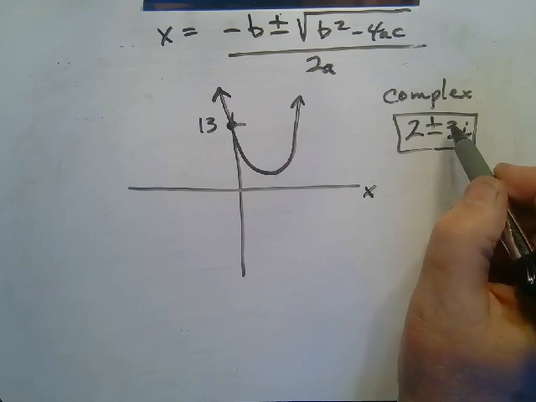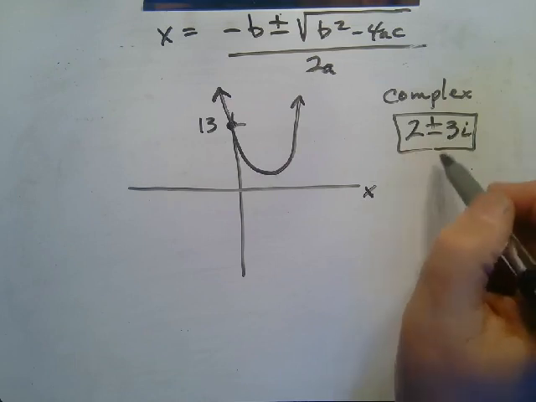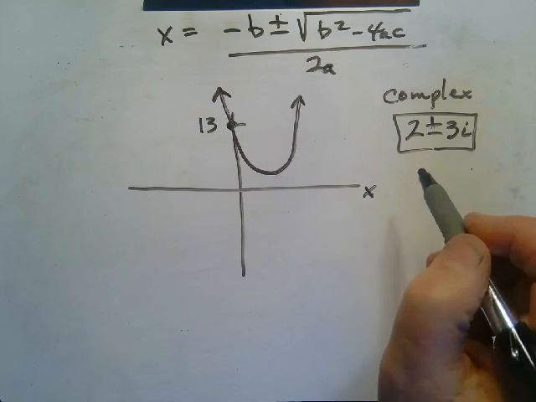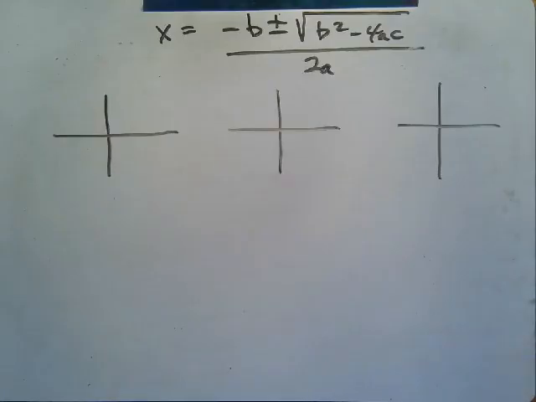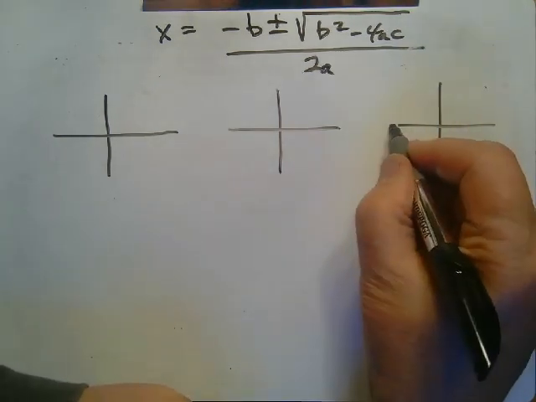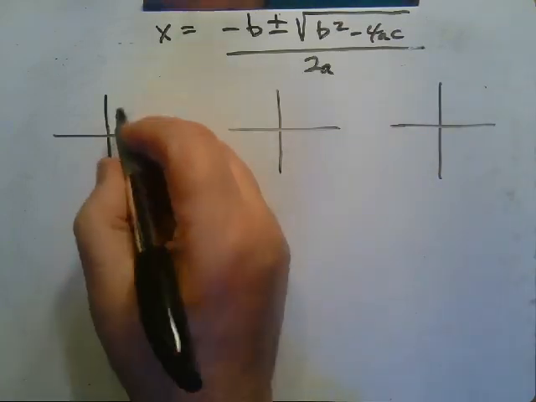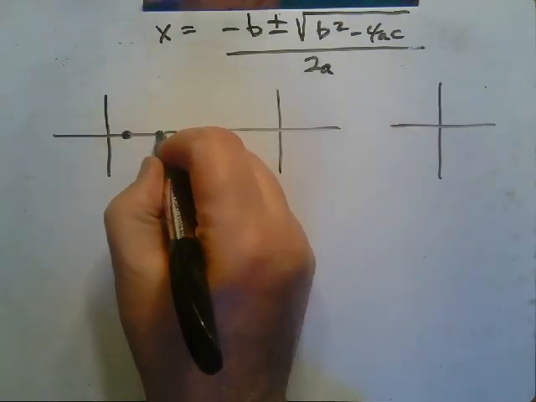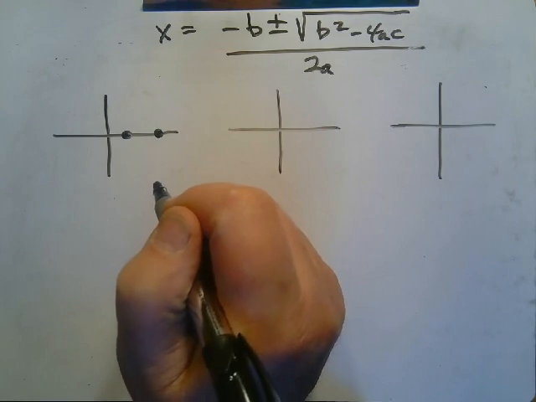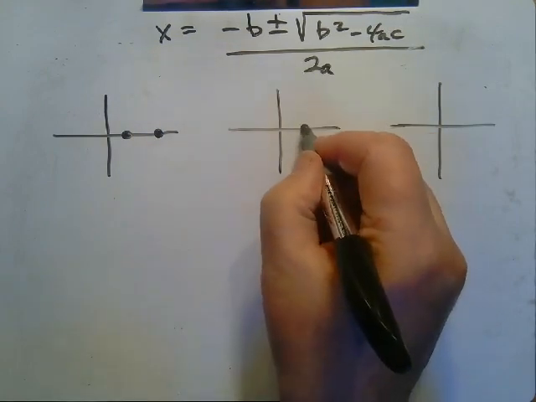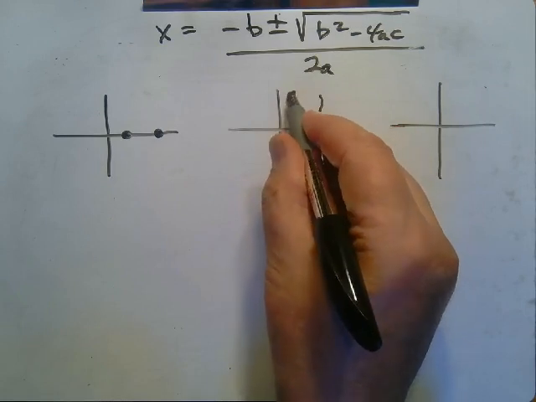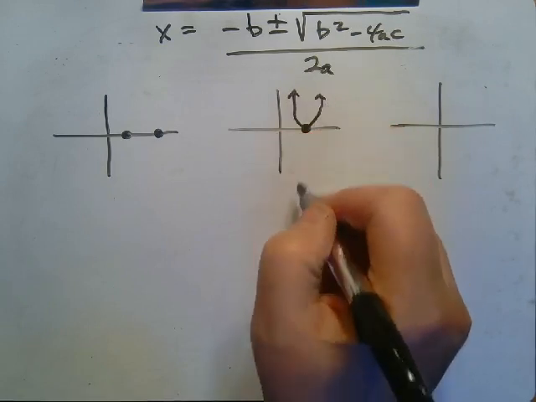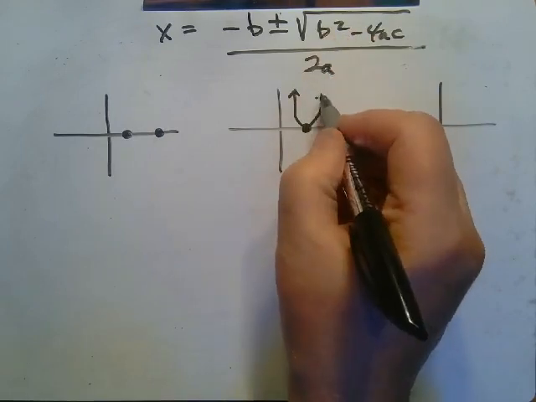They are imaginary roots. So this is going to happen, and this is the topic that we need to talk about for the next 10 minutes or so. We need to talk about 3 types of problems that are going to occur. One is where you have 2 roots, like this. Another is where you have 1 root, and the parabola sits on it, or it might hang from it instead of sitting on it.